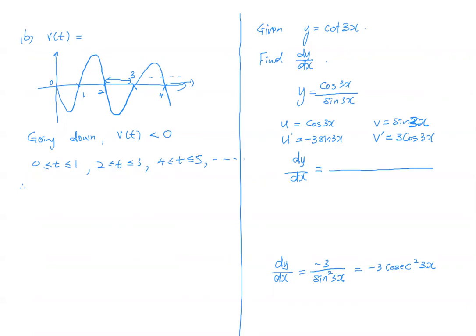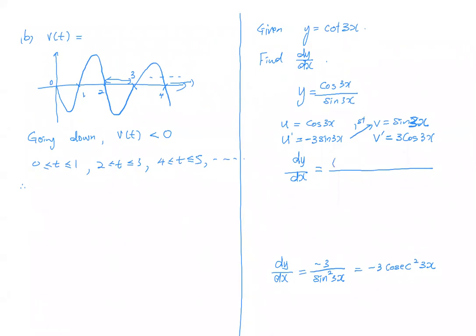UV prime minus. No. You do the reverse already. You should do like that first. Okay, so U prime V minus UV prime. Give me the value instead of just telling me what is U, what is V. Can you please?